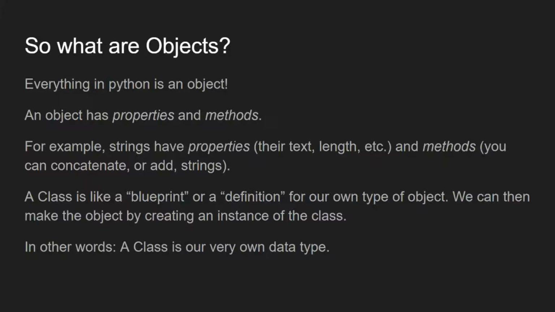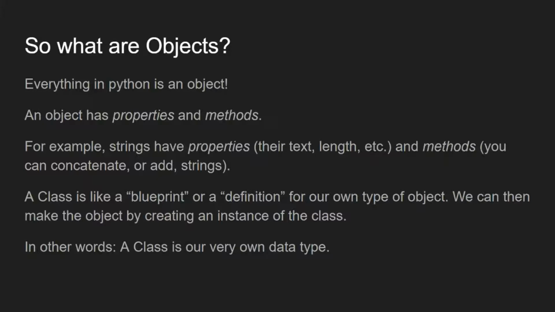The number 5 is an instance of the integer data type. It's not a perfect analogy, but it suits our needs. The string Bob or the string foo is an instance of the string data type. Just like that, my balloon, which had the properties is_inflated is true and height was 5, was an instance of the balloon class. Or in other words, my balloon was an instance of the balloon data type that we defined.